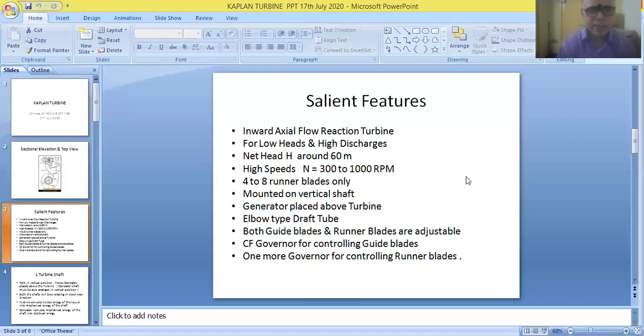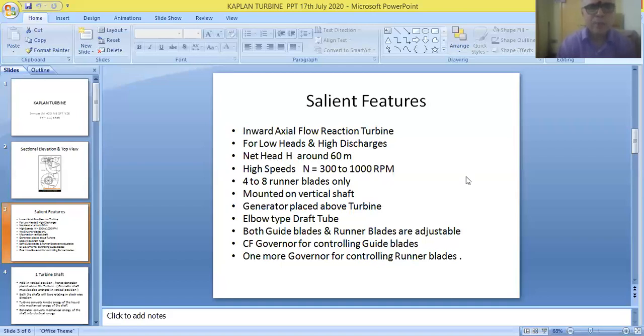KAPLAN runner is fitted with 8 blades, Francis runner with 24 blades, and Pelton runner with around 40 blades. So we are using fewer blades for handling more quantity of water. Therefore, only 4 to 8 blades are fitted around the periphery of the runner.